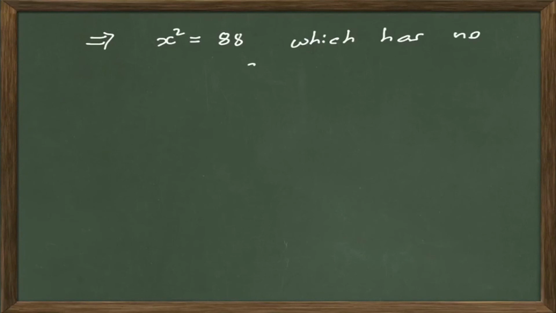This implies that x squared is equal to 88, which has no solutions in integers. So we discard this factorization.